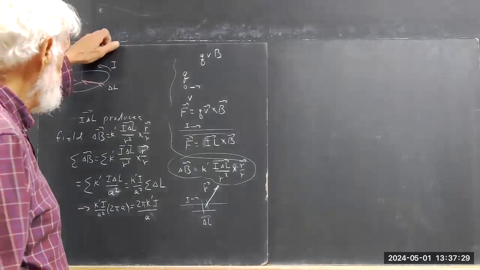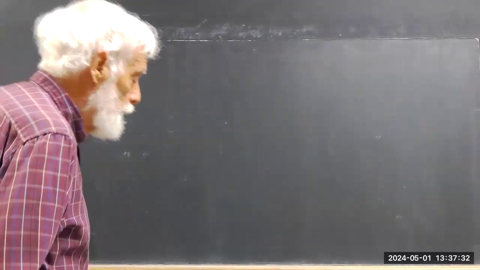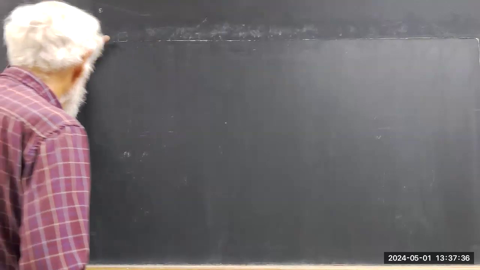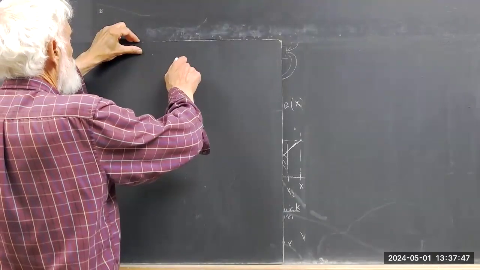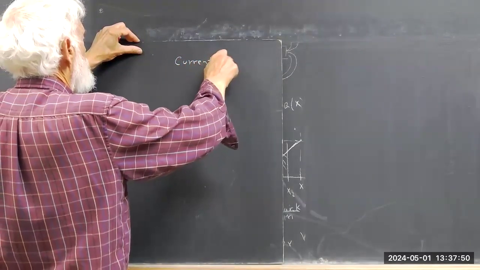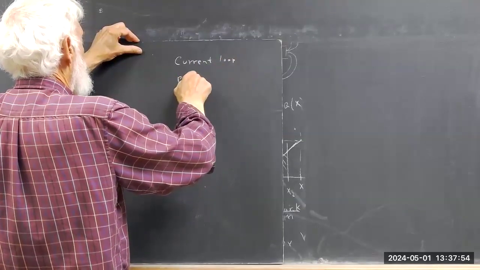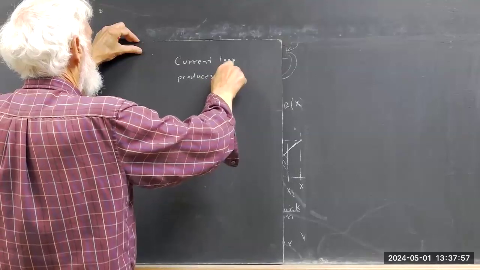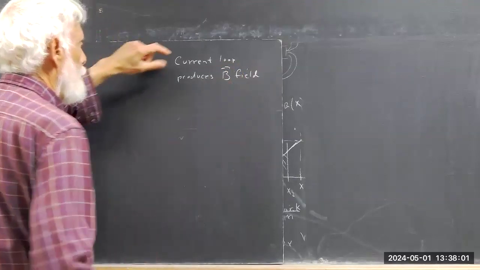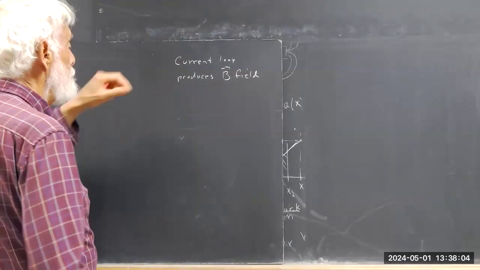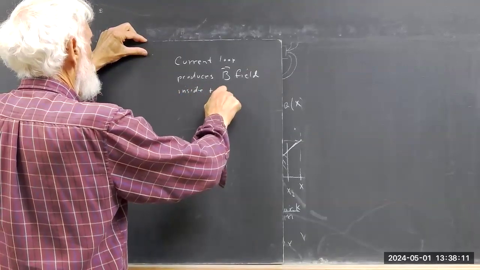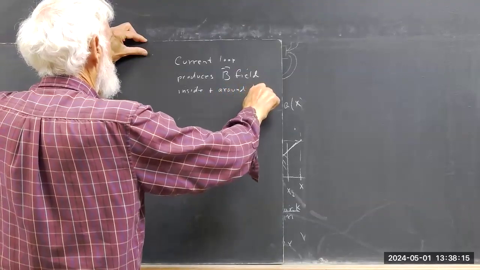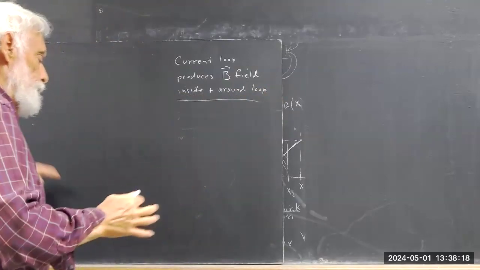Now, if you then start changing the magnetic field within the loop, current loop produces magnetic field inside and around the loop, dissipating as you get further and further from the loop.